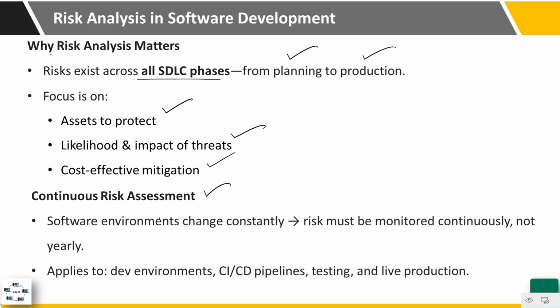Continuous risk assessment is required because software environments change constantly and the risk must be monitored continuously, not at one point in time, such as yearly. So this applies to the development environment, CI/CD pipeline, testing, and live production.